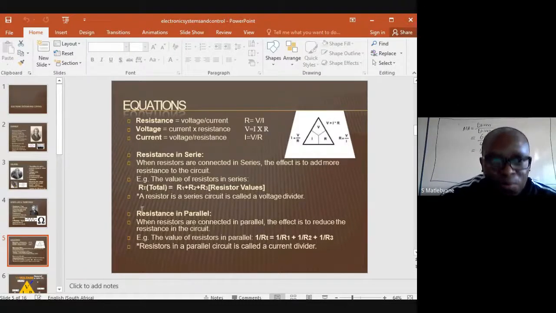Now, we say the total resistance because if there is more than one resistor, you need to know the total resistance of the circuit.